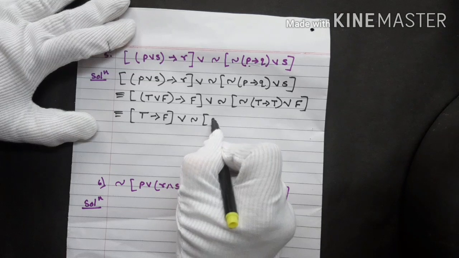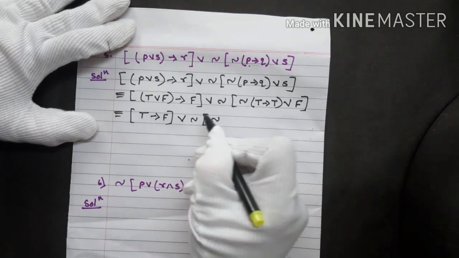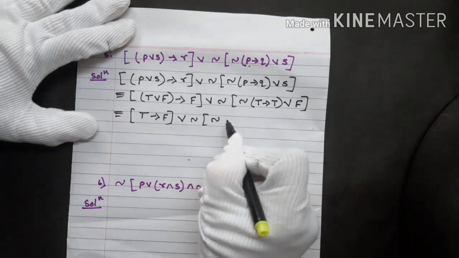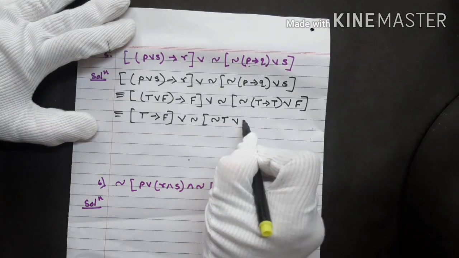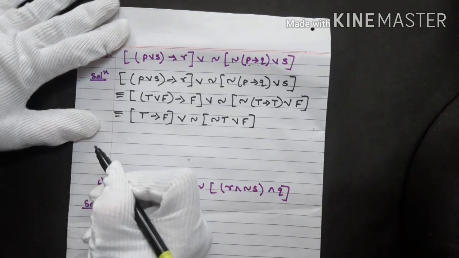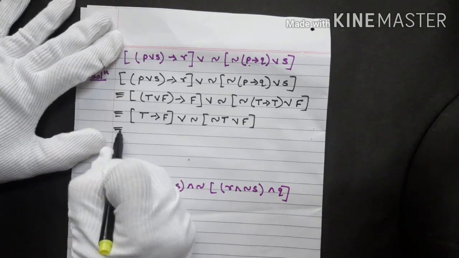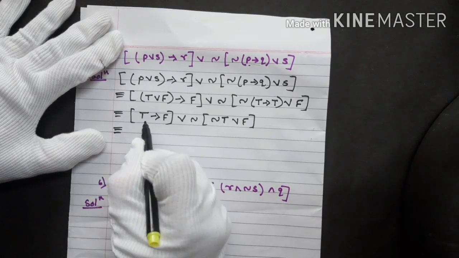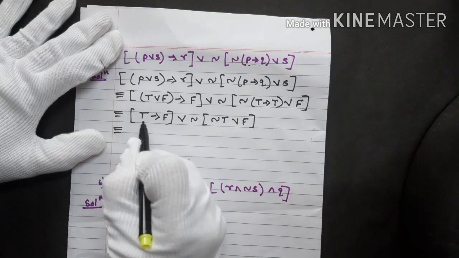So again negation of T implies T is true, only TF is false. So this is true or F. Get it? We'll solve step by step. It's very simple, don't be confused. Then T implies F. Now see, T implies F is F.